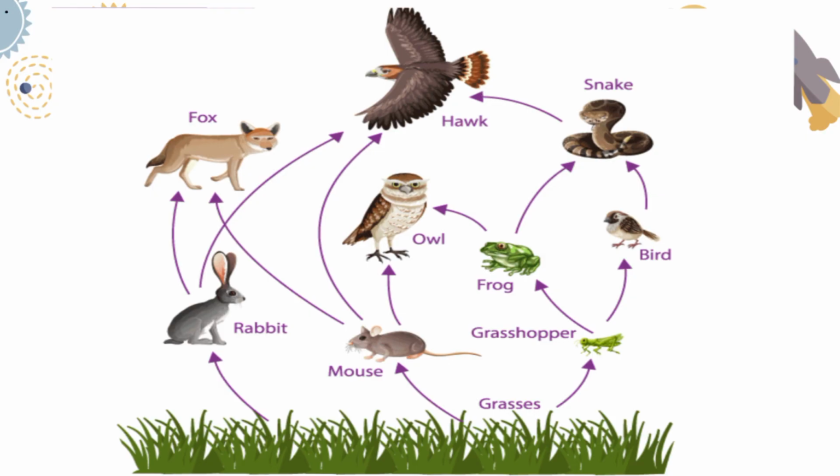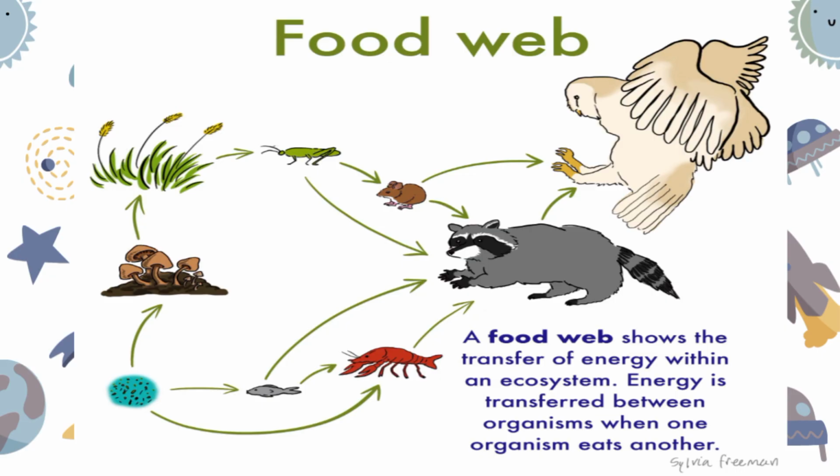You can see an organism can be part of more than one food chain. So, what is food web? A food web shows the transfer of energy within an ecosystem. Energy is transferred between organisms when one organism eats another organism.